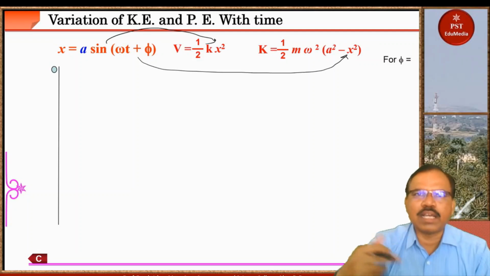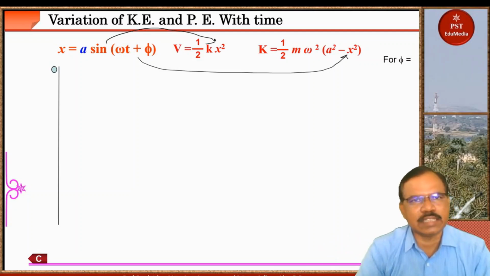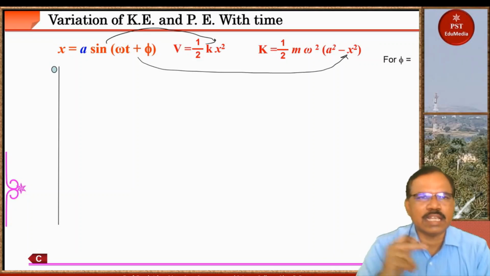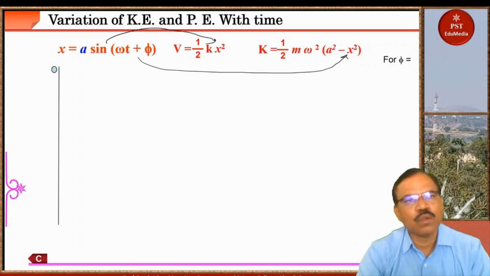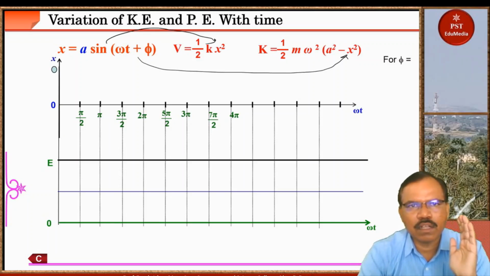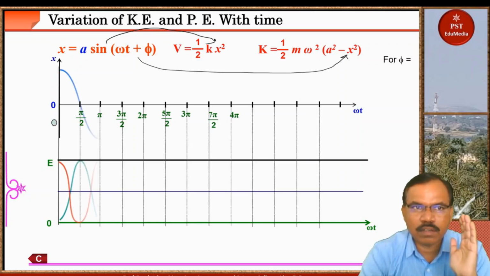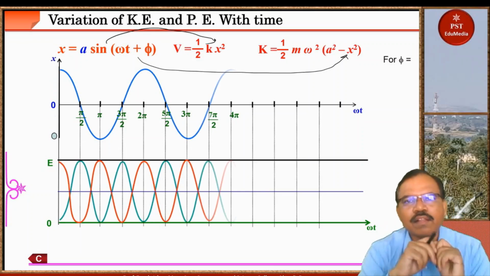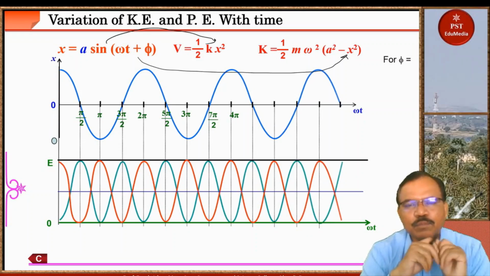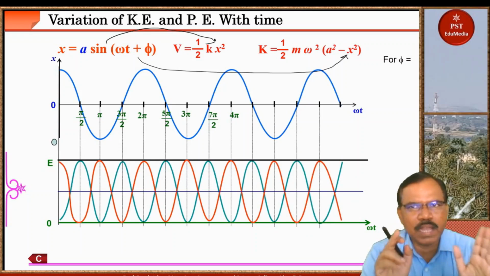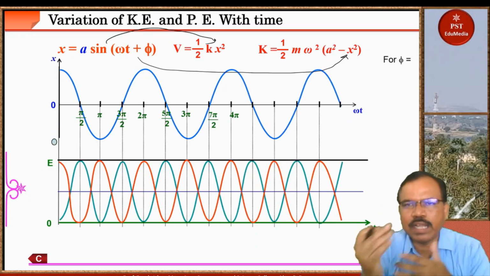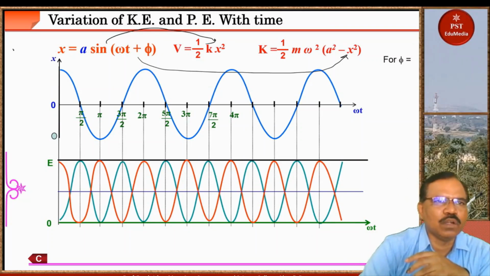So you can plot graphs of kinetic energy versus time, potential energy versus time, and position versus time. We have already seen the graph for position versus time. This is for phi is equal to pi by 2 that I have taken. You can take phi is equal to 0 also.